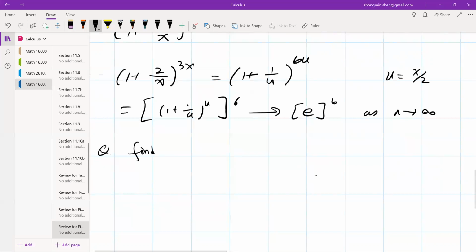All right, find the derivative of this. Well, f of x is going to be x cubed plus x plus 3.